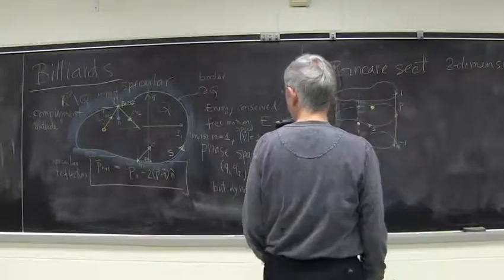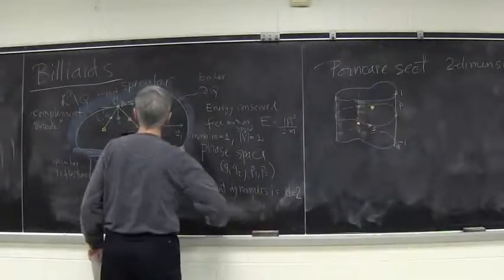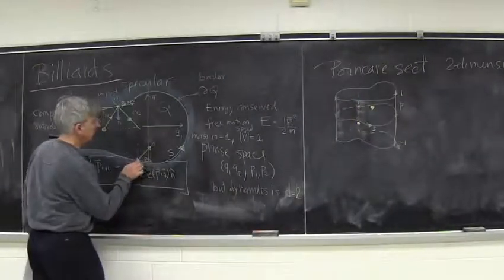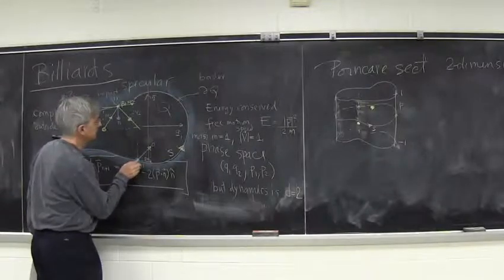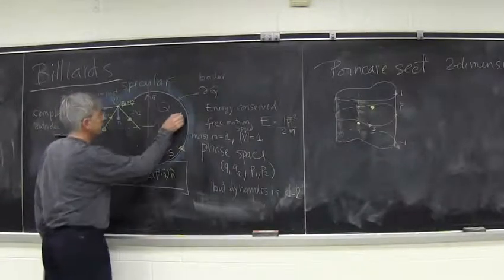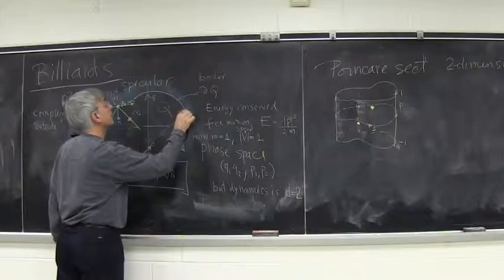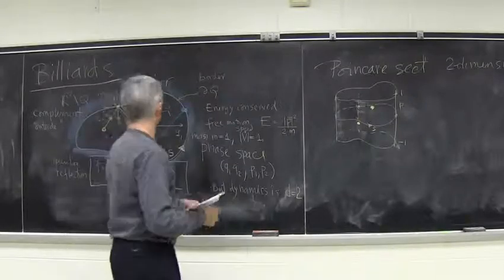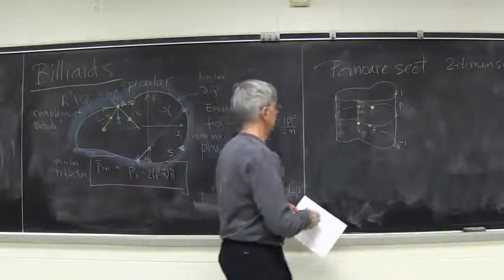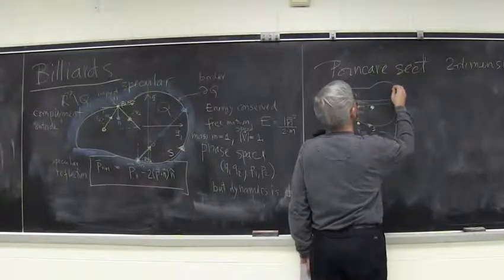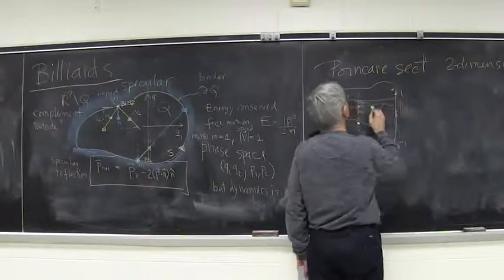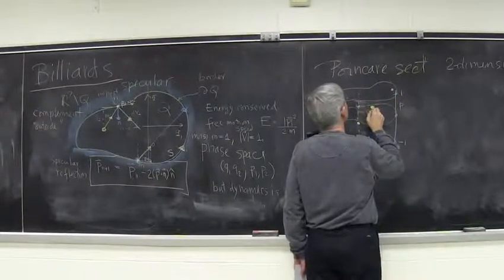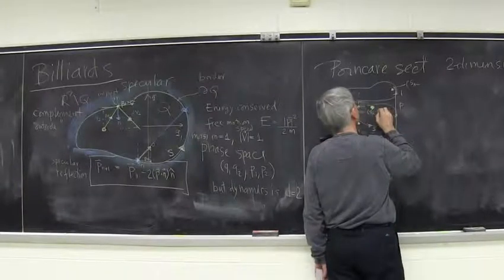So now the Poincare map dynamics looks something like that. I start here, and I just move until I hit the wall again. So I start here, and next time, so this is my S. Okay.